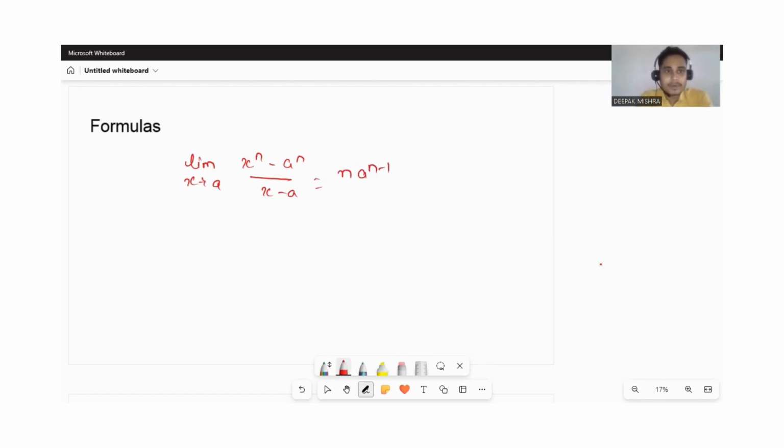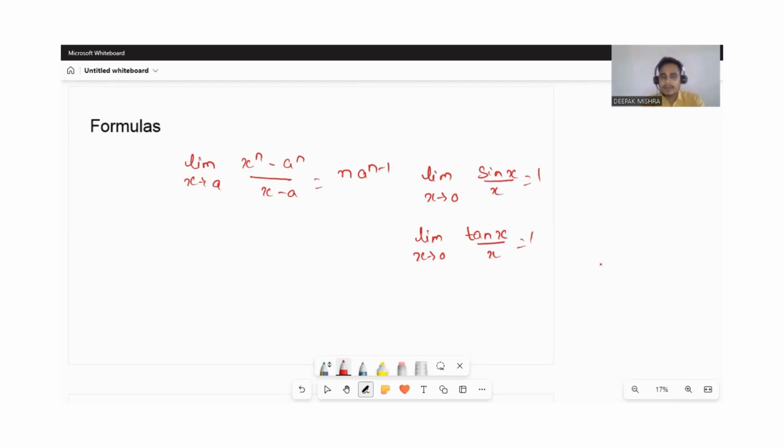Another formula: limit x tends to 0, sin x by x is equal to 1. Similar to this, limit x tends to 0, tan x by x is equal to 1. These are some important formulas related to the continuity.